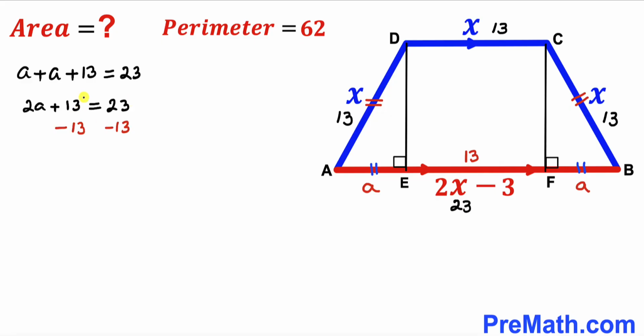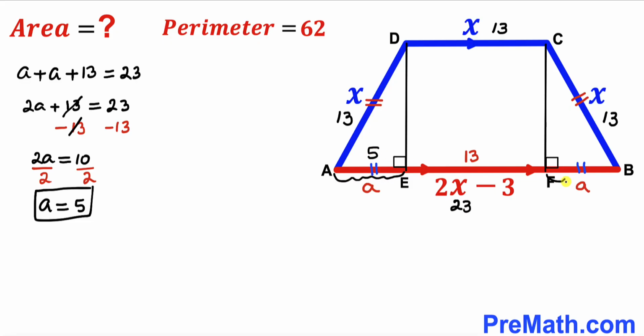Now we subtract 13 from both sides, so 2 times a equals 10. Now we divide both sides by 2 to isolate a, so the a value turns out to be 5, and likewise this value is 5 as well.